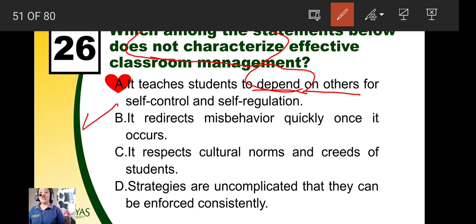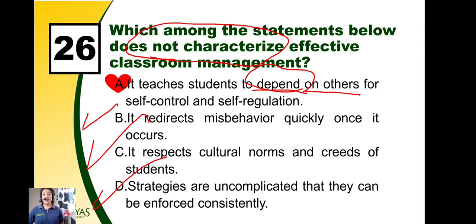Letter B, okay naman siya, kapag nagkamali, para hindi tayo magkaroon ng ripple effect. We really need to correct the behavior of the student immediately. Yung letter C, okay naman siya. Respect cultural norms and creeds of students. Tama yan. Letter D, strategies are uncomplicated that they can be enforced consistently. It's okay. So, the answer is letter A.